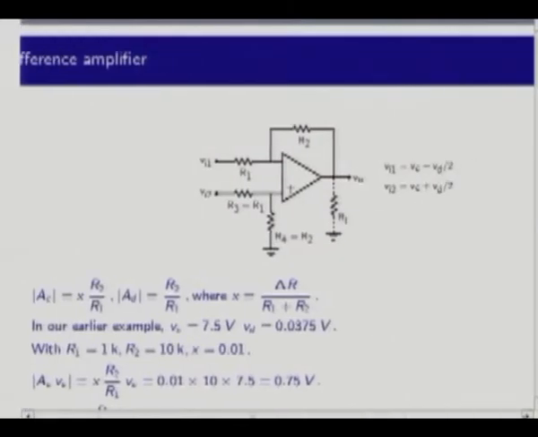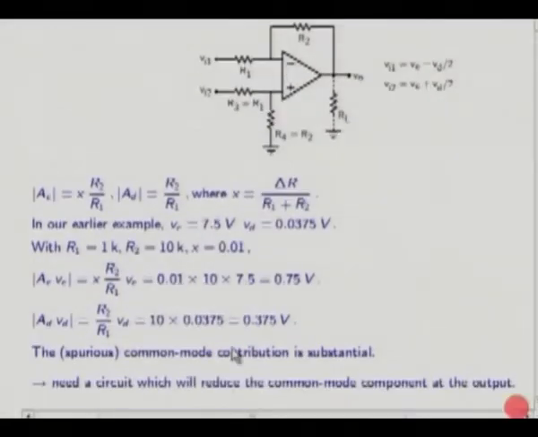The same example as we had before. In that, the common mode voltage was 7.5 volts, Vd was 0.0375 volts, and now what is the common mode term in the output voltage? That's x times R2 by R1 times Vc, and that is 0.75 volts. What is the differential mode term in the output voltage? That is R2 by R1 times the differential mode voltage, and that is 0.375 volts.